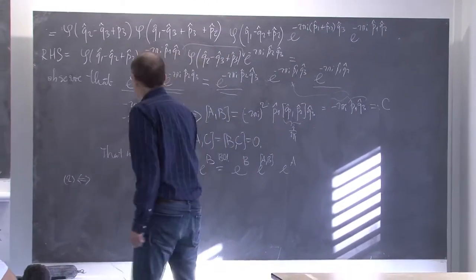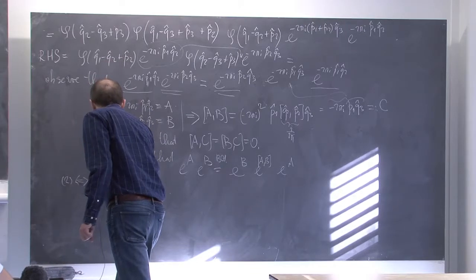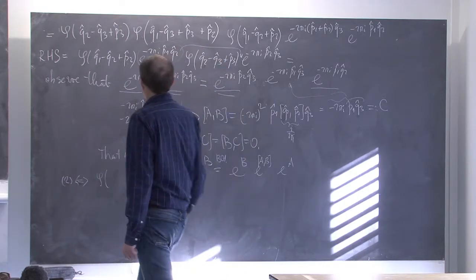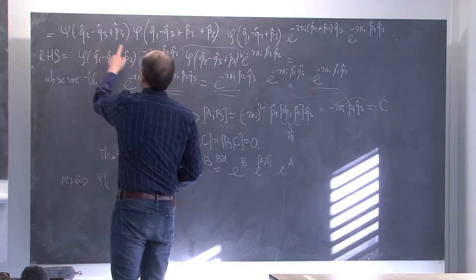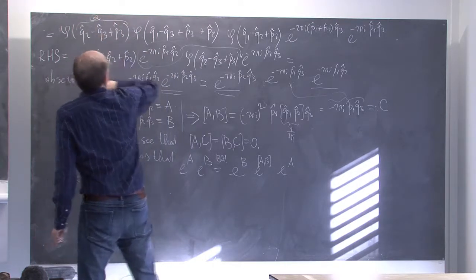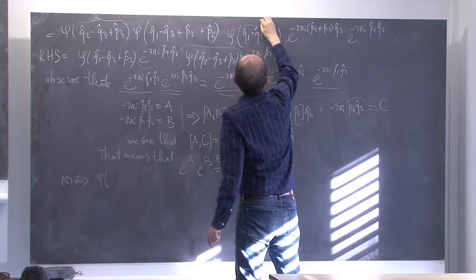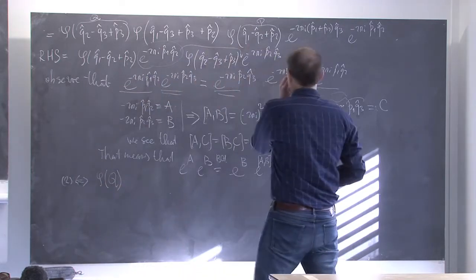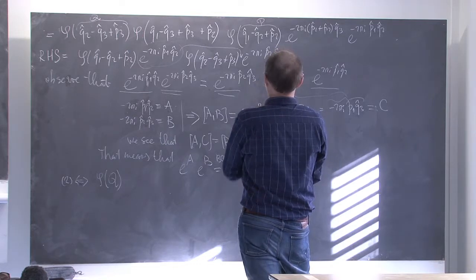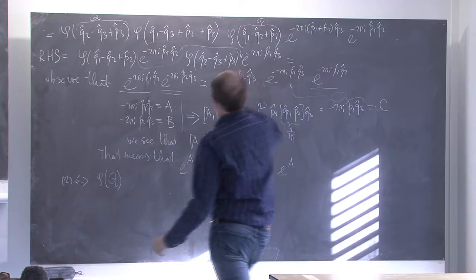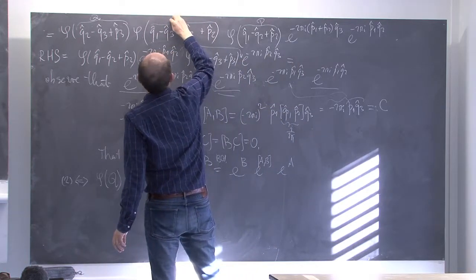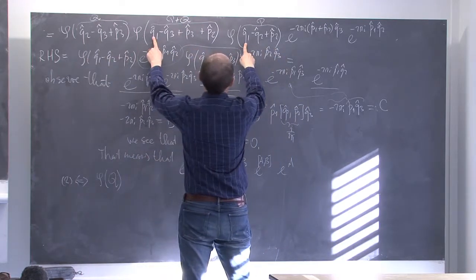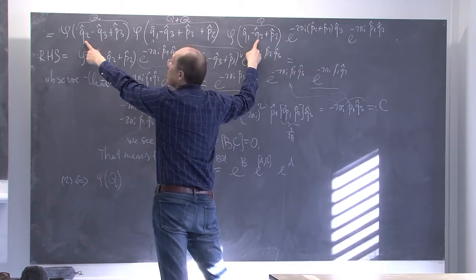So phi of, let me call this combination capital Q, this combination capital P. So we have a capital Q. And in the middle, if we add P and Q, then we get P plus Q. Right, so we have Q1, it's okay, minus Q2 cancels Q2 here.